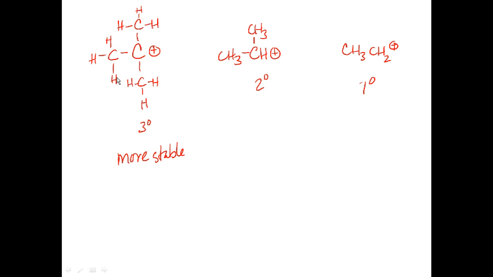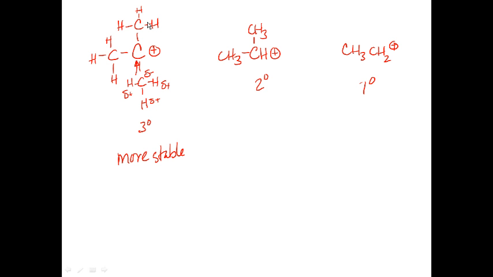Why? Because we can make the same argument as we did for radicals, hyperconjugation. We could say that this carbon has some negative charge that it's pulled away from each of these three hydrogens, and then that carbon can donate some of that electron density to the carbon, which really needs it now because it's only got 6 valence electrons.